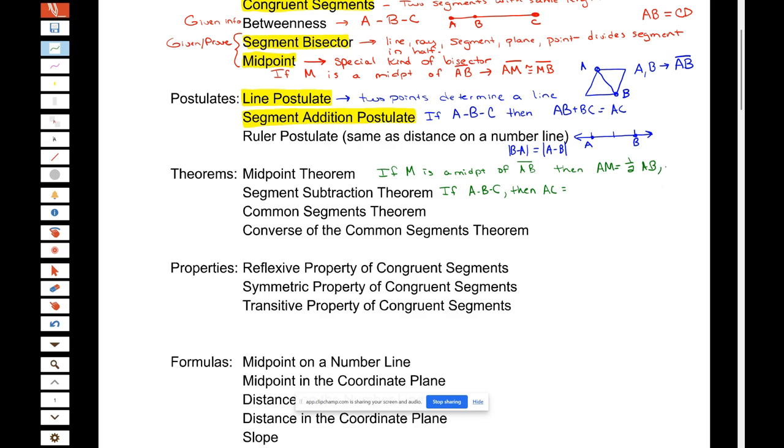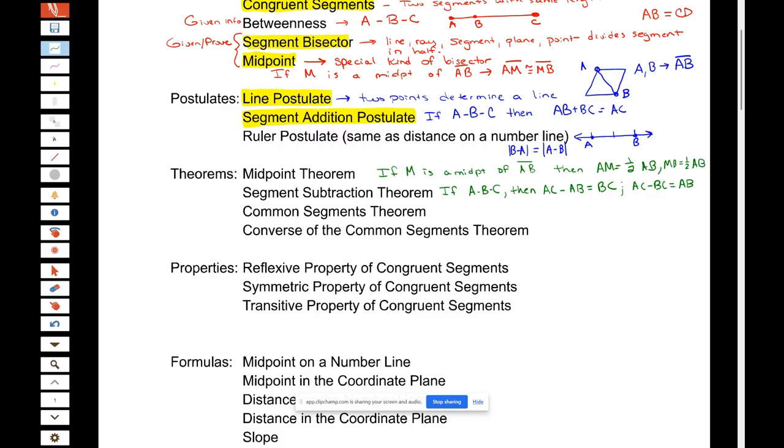I'm not going to write both of them. AM is half of AB and MB is half of AB. So you can take the whole segment AC and you can subtract a part of it and get the remaining part. You can also do AC minus BC equals AB.